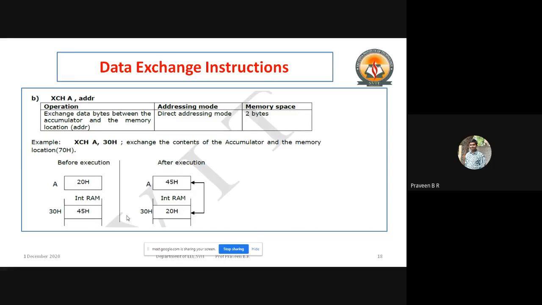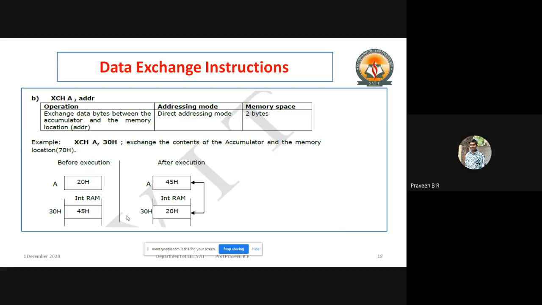Now let us see how to exchange the data between accumulator and an address. Here the address we are using is only the internal RAM memory location address. So it exchanges the data between accumulator and the memory location. Whenever I say XCH A, 30H, what does it do?